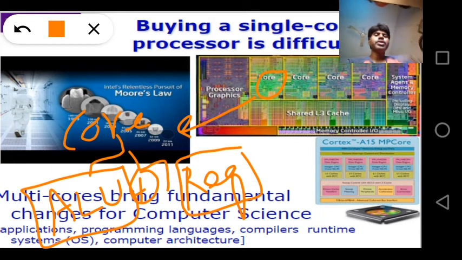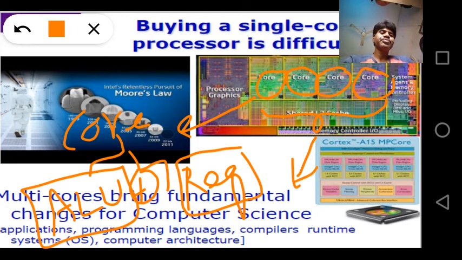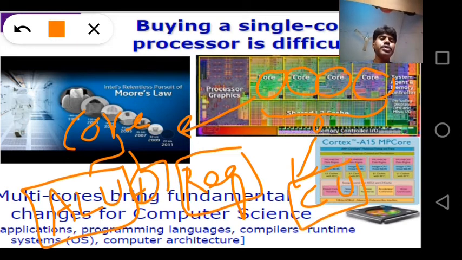And the point here is that all the cores, core 1, core 2, core 3 and core 4, are controlled by one common unit, that is the control unit.